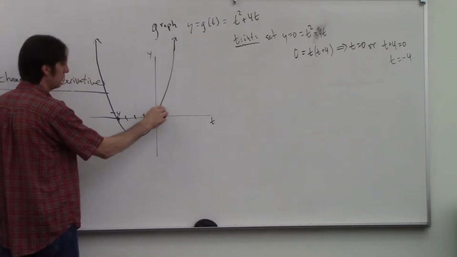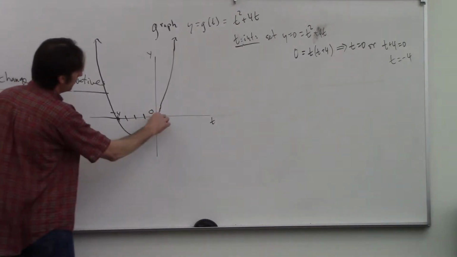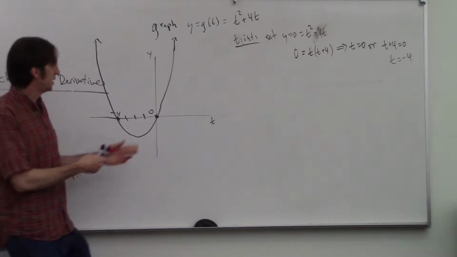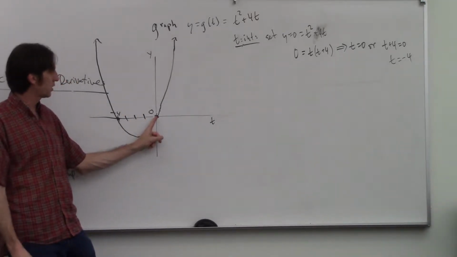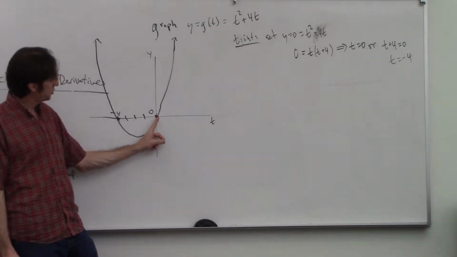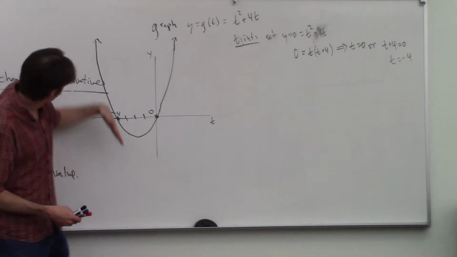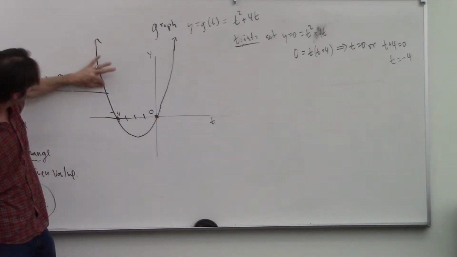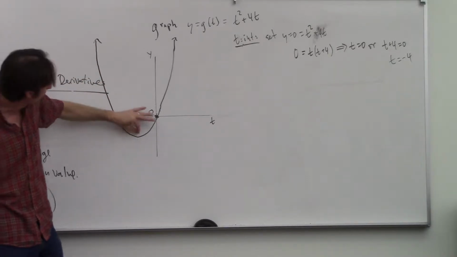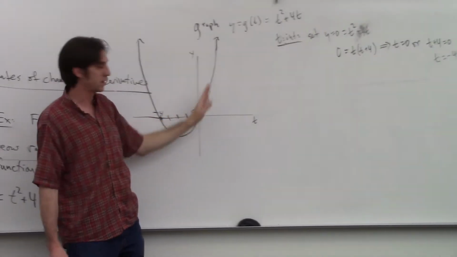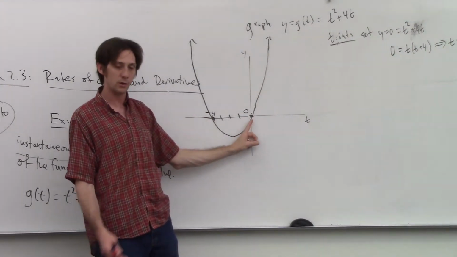Try to make a careful sketch of it. What I'm looking for in this problem is I want to know how quickly the function g is changing at this precise location. Right? Clearly this function is changing. It's decreasing over here, it's going down, right? And then it starts to increase. But I want to know how quickly it's increasing at the moment when t is 0.